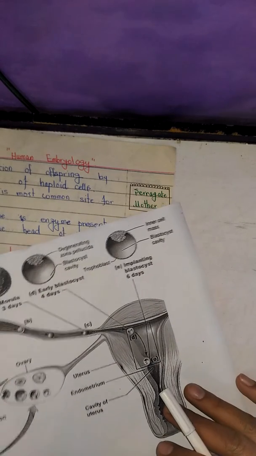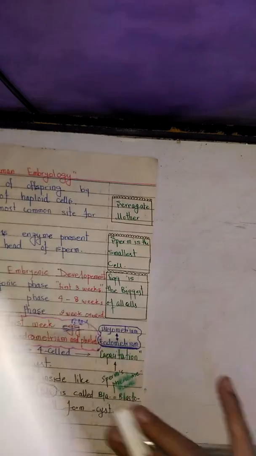Now let's see what is happening in the second week. Before we go to the second week, we must first have a basic understanding of some structures which are important for an embryo to develop.